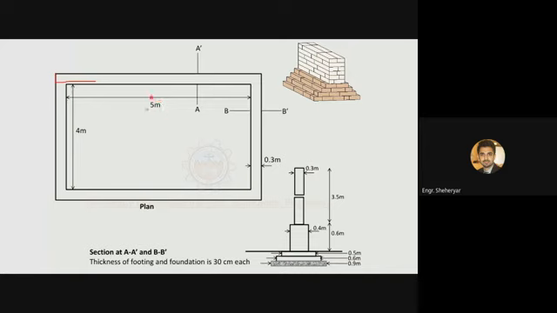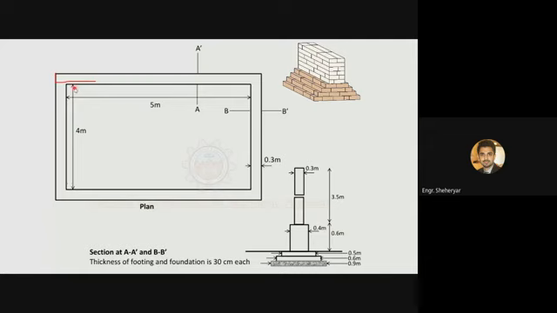What will it be? 5 meter plus half of 0.3 meters for this side and plus half of 0.3 meters for this side. Is that right? Yes, sir. Okay, good.